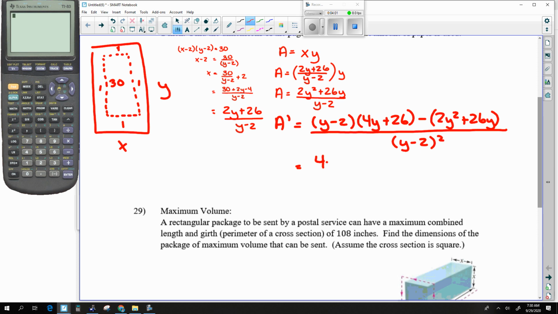So this is 4Y squared plus 26 minus 8. So plus 26 minus 8 is 18? Minus 52 minus 2Y squared minus 26Y.